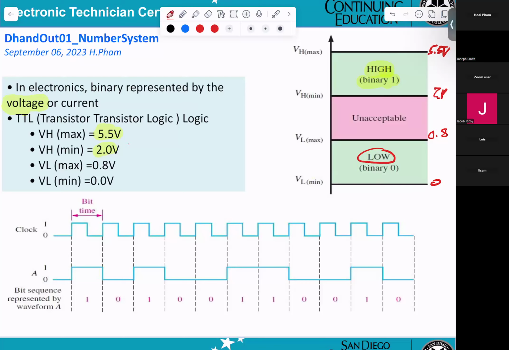Okay, if you get 1 volt, that means something is wrong. Okay, they will be in here. Unacceptable. Something must be wrong. Either they are low or high, nothing else.